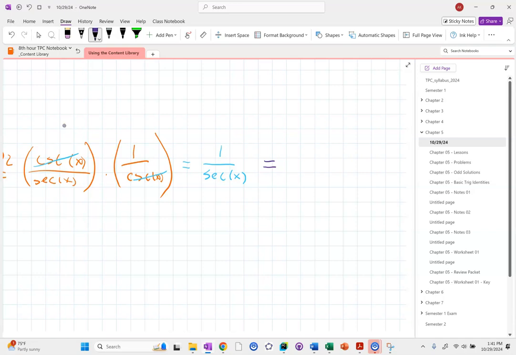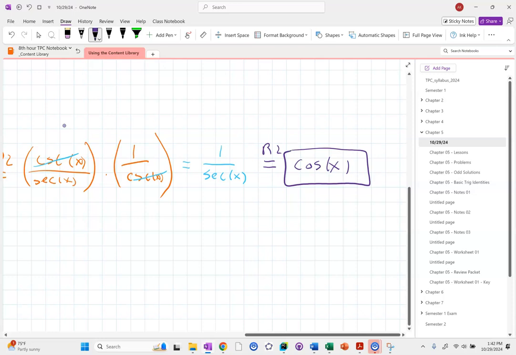Yep. Because that takes 1 over secant and just turns it into cosine. We're down to 1 identity, no fraction. We are dunzos. Say thanks to Colby. Okay, next up is number 9.